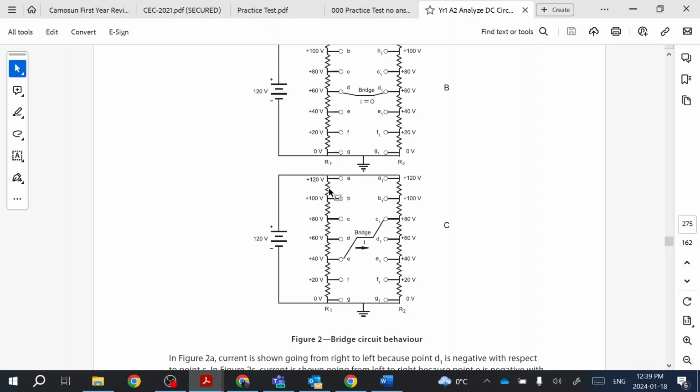This point here is closer to our 120 volt positive side of our source. So we call that positive 120 volts, and we call this side 0 volts.